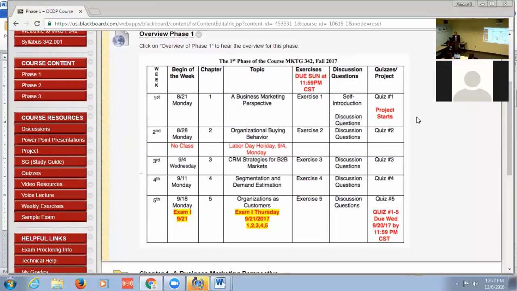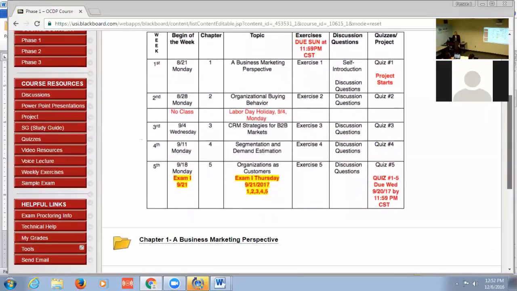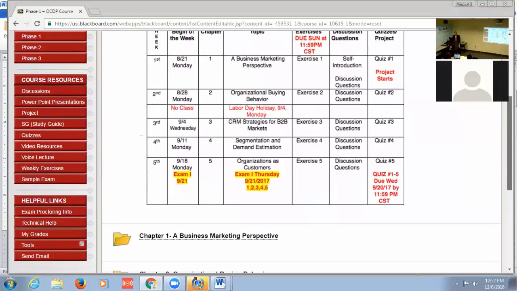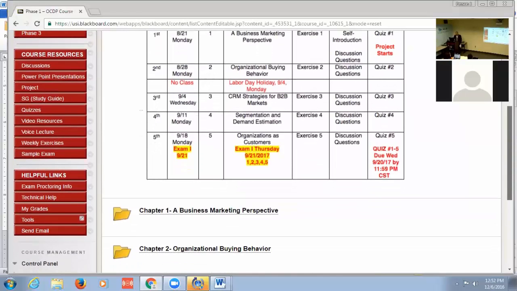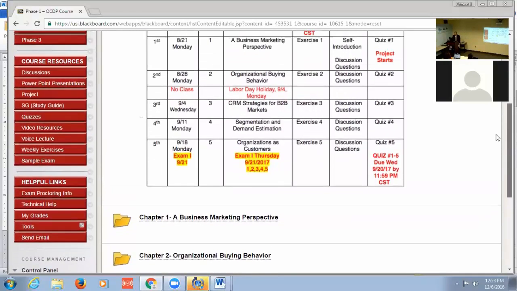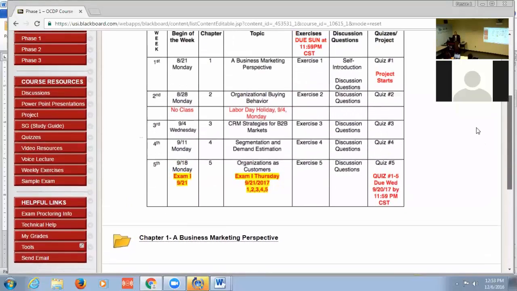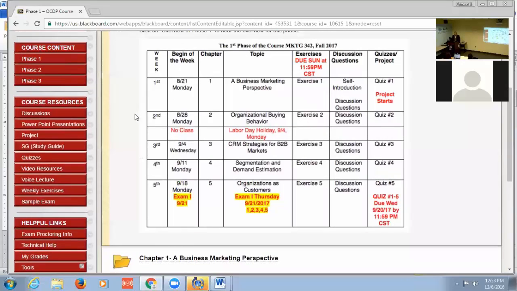It is 5 weeks each phase, and the tasks students need to perform range from exercises and quizzes to the project, when the project should start, and examination time. So there are 3 phases.